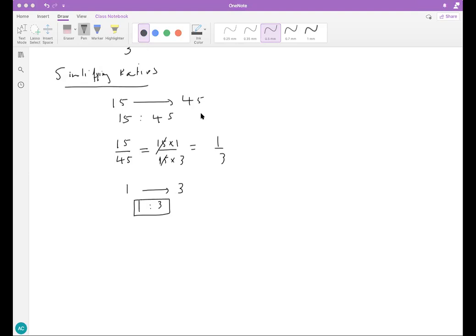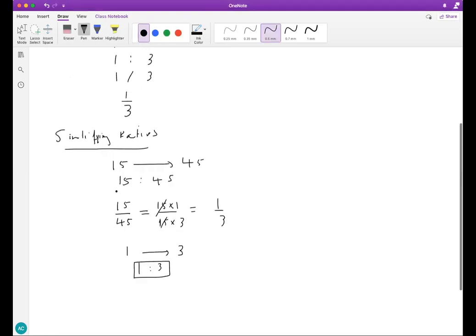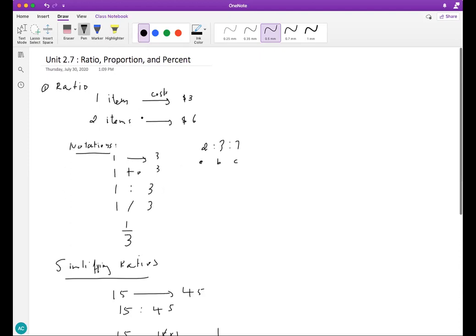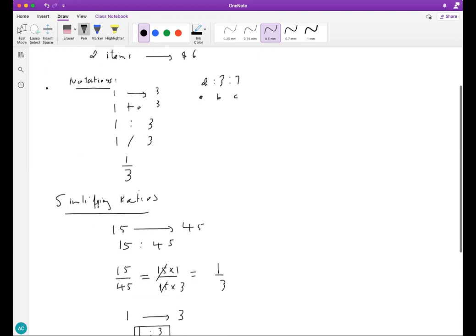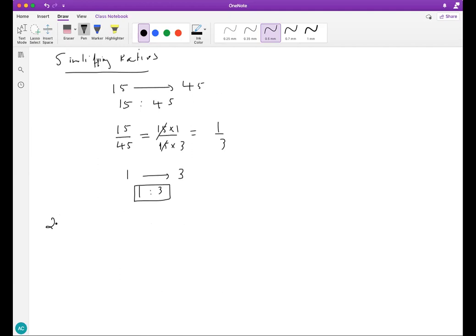Okay, so the other thing we're going to talk about is proportions. We mentioned proportions earlier as we explained ratios. So let's see how to make up some proportions.